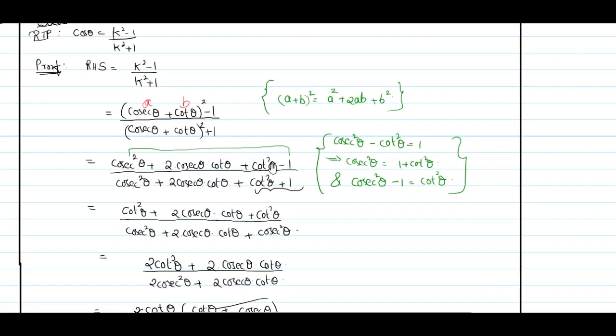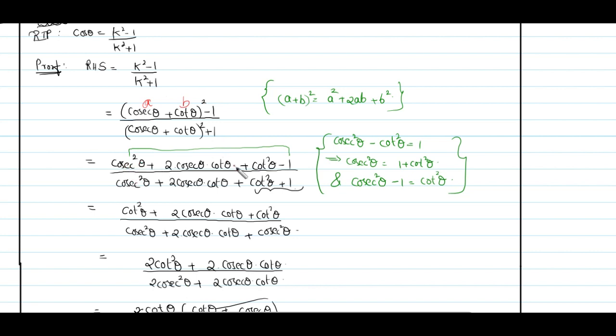Now, moving ahead, we have the identity that cosecant square theta minus cot square theta value is 1. From this, we can calculate the value of cosecant square theta. As you observe here in this question, we have cosecant square theta minus 1, I have highlighted it, right.